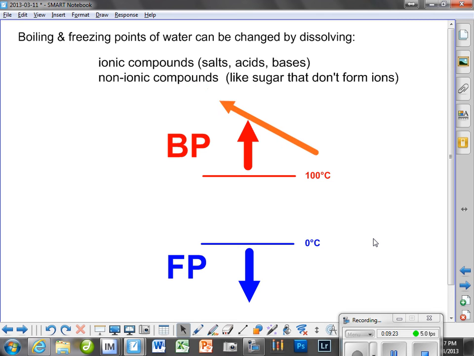If it dissolves in the water, it makes the boiling point go up. I don't understand why anybody would not be taking notes right now. Okay, 100 degrees is the boiling point of water. 0 degrees, we're talking centigrade.